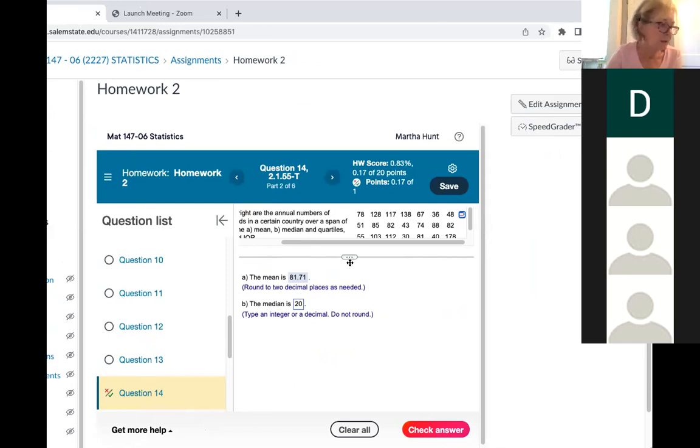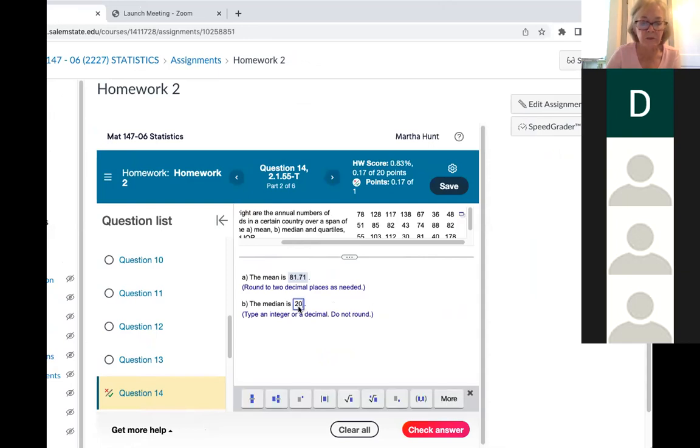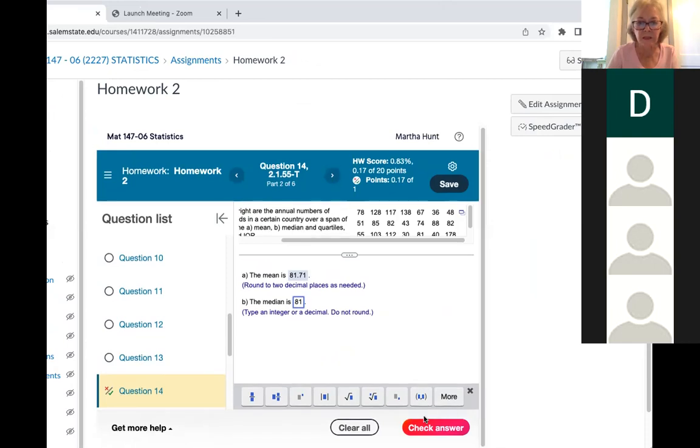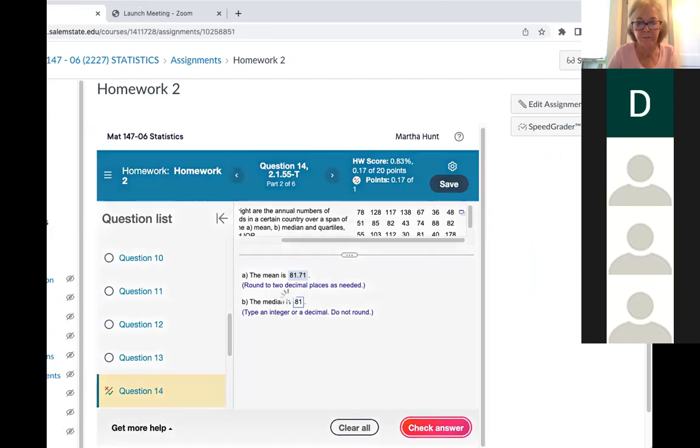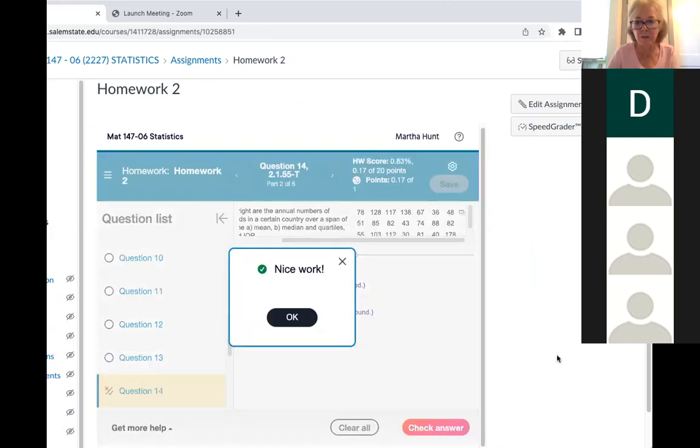Okay, so 81.71, and the median was not 20. The median was 81. And I'm going to check my answer. If I can move this up or move this around. Check my answer. And it says nice work.